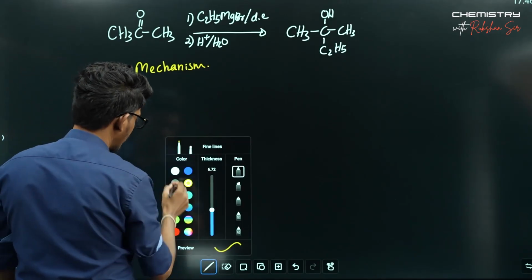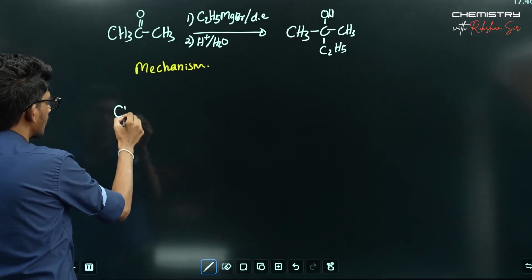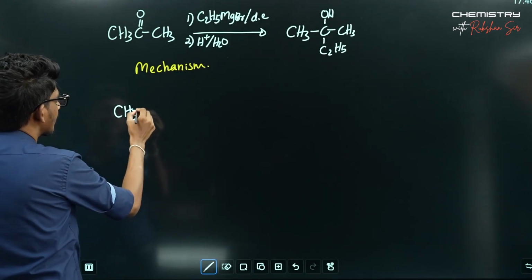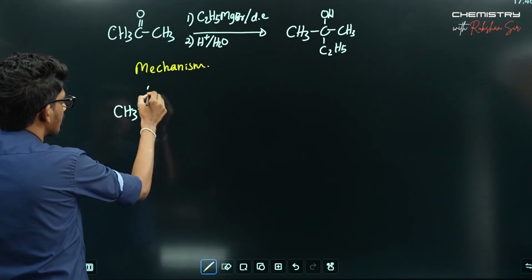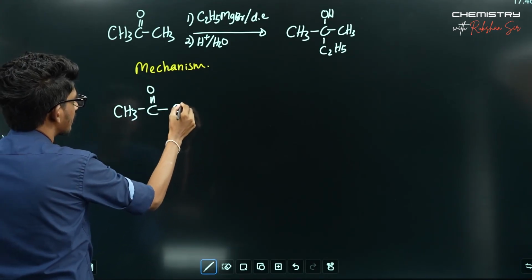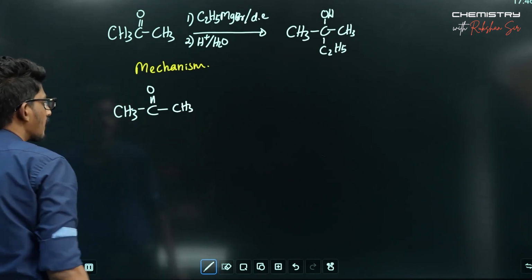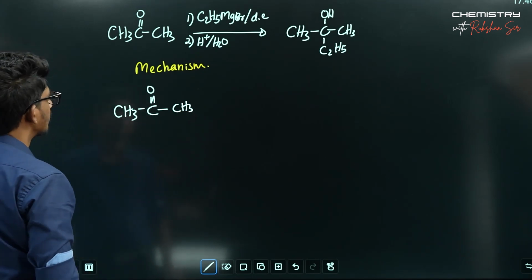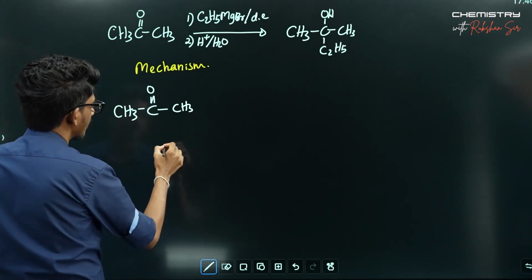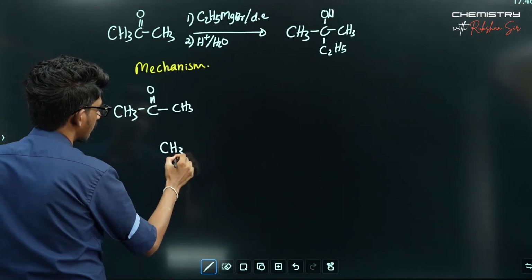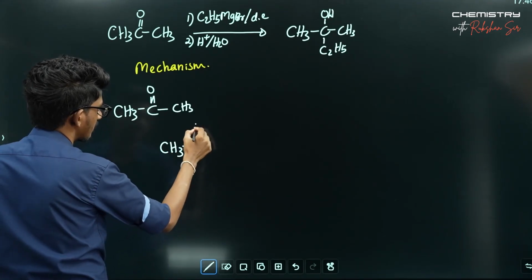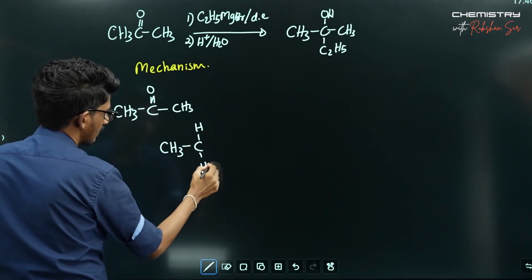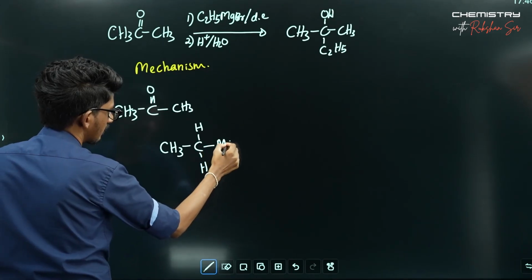Like in the earlier case, always clearly mention all the bonds with carbons which are participating in bond breaking and bond forming. So even the Grignard carbon is such. So we are clearly mentioning those two carbons.